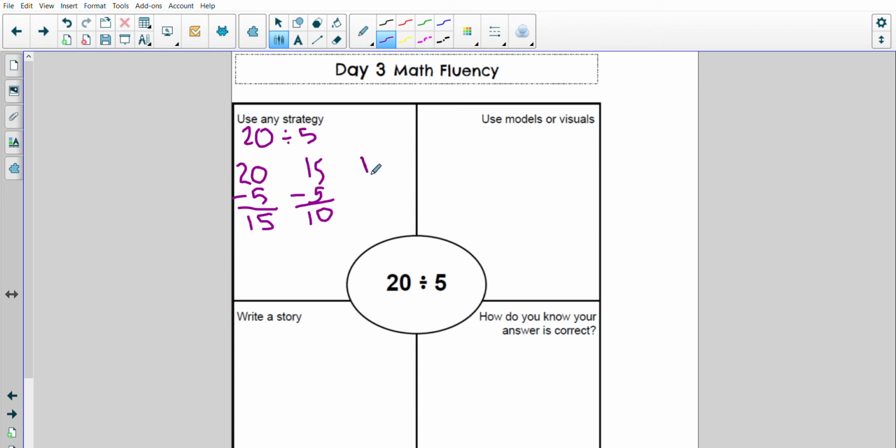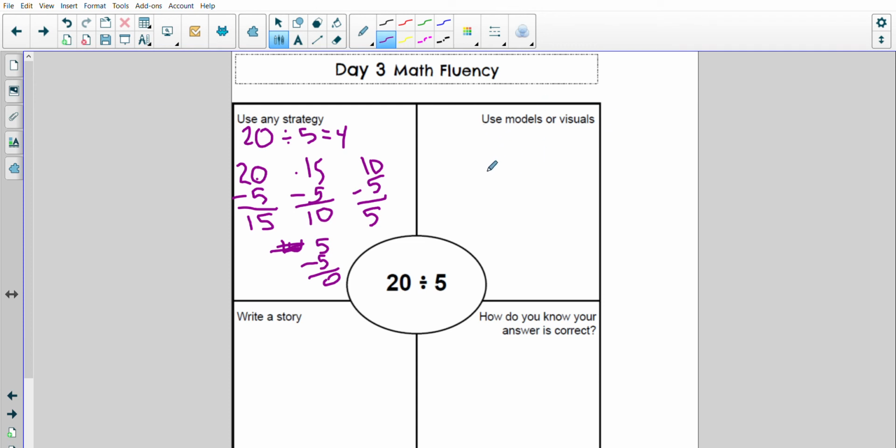Take the difference, 10 minus 5. Okay, this is a math fact. 10 minus 5 I know is 5. And then one more time, taking the difference, 5 minus 5. 5 minus 5 is 0. I counted 1, 2, 3, 4 times I subtracted. So 20 divided by 5 equals 4.